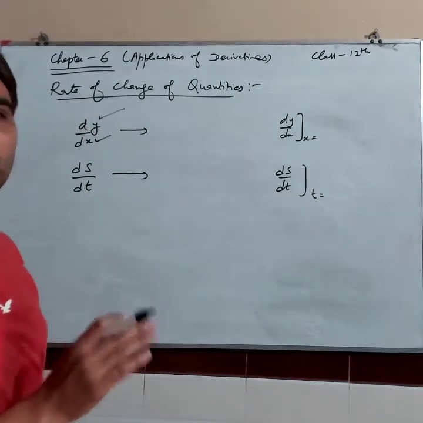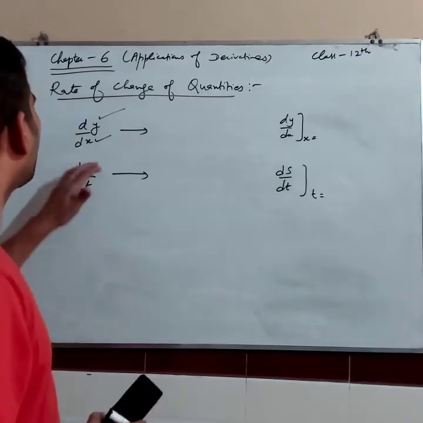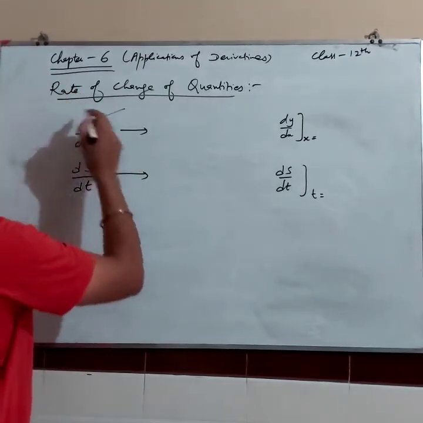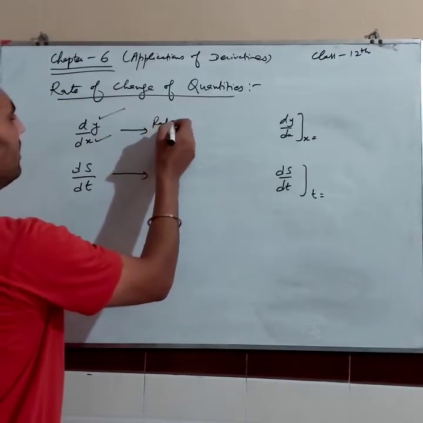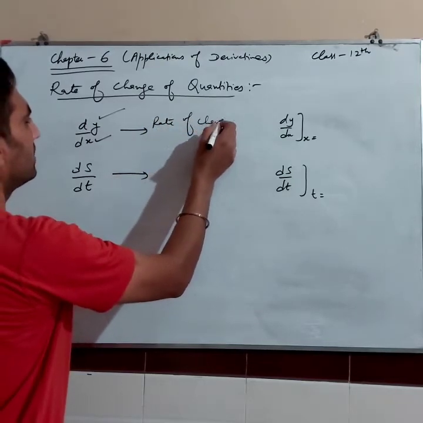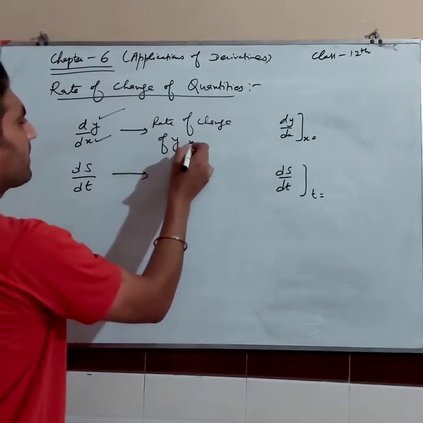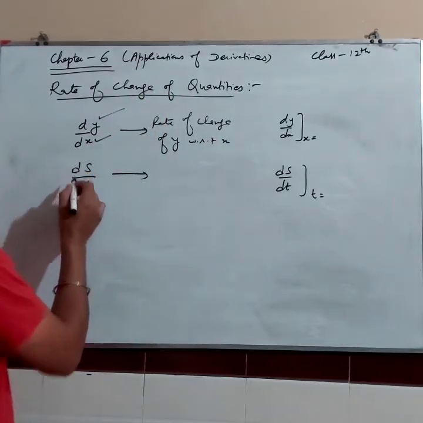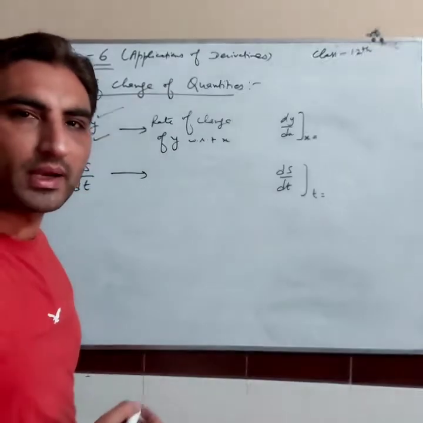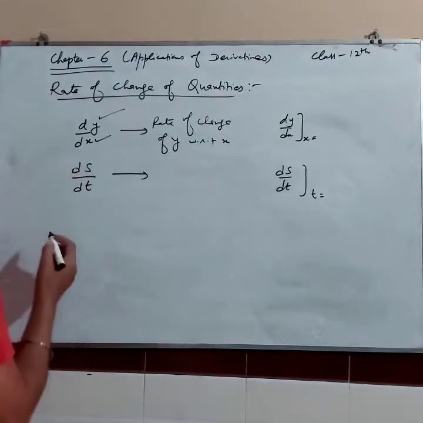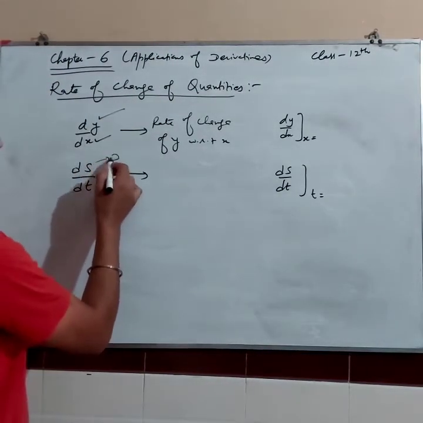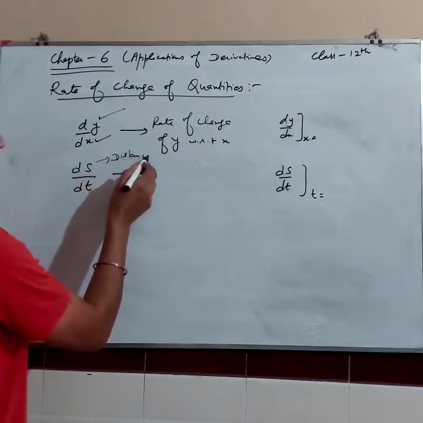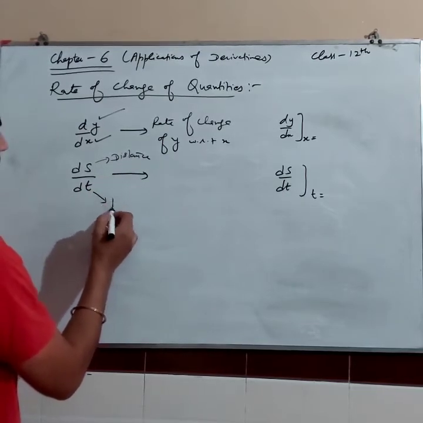When we write d over dx of y, it is called rate of change of y with respect to x. The meaning is the same. You marked dy over dx so many times. If I write ds over dt, what is s? s is distance. And what is time? That is t.